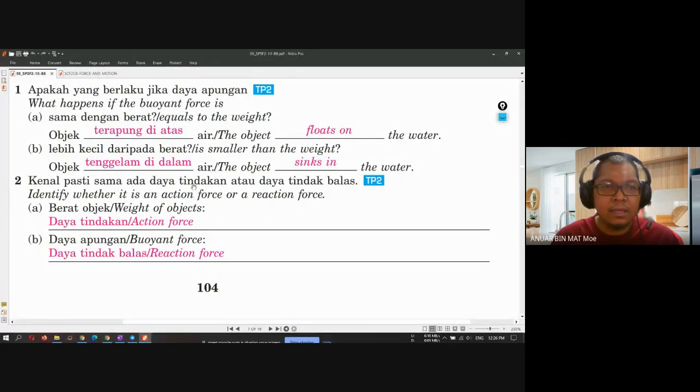Number 2, identify whether it is an action force or a reaction force. For A, it is an action force, and for B, it is a reaction force.